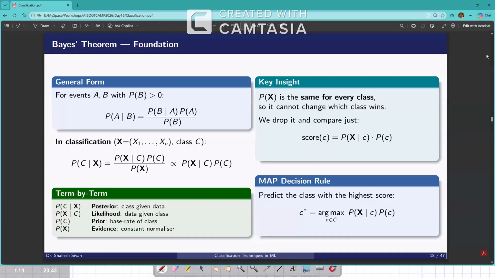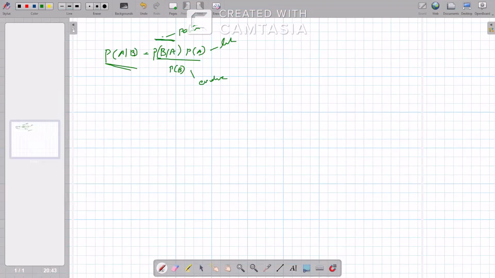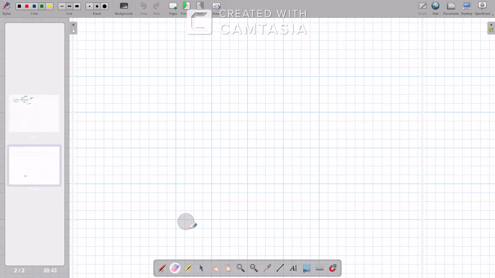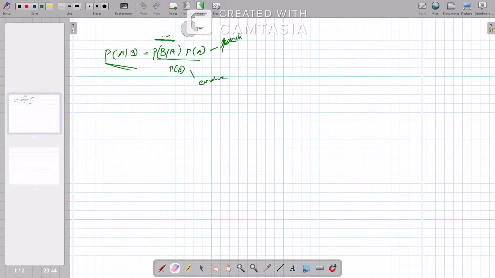Probability of B given A is the likelihood, and this is the prior.